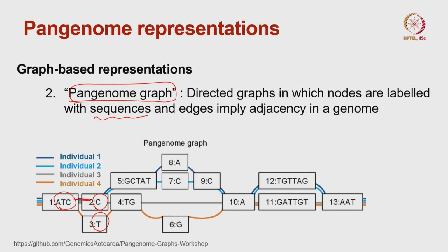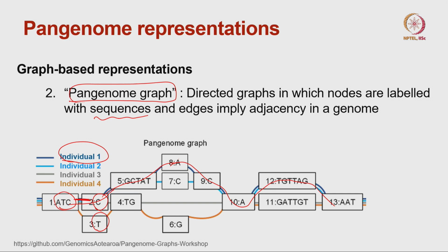Observe that each of these individual sequences would be spelled as a path in this graph. So, for example, the genome sequence of individual 1 can be spelled as a path in this graph. It goes from here to here to here to here to here and to here, following this dark blue color.